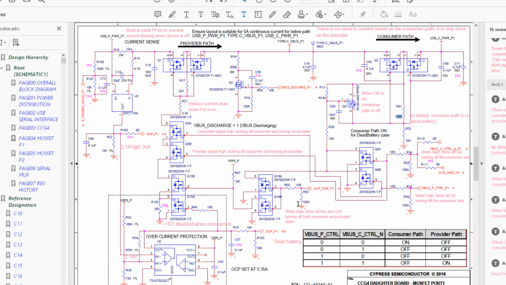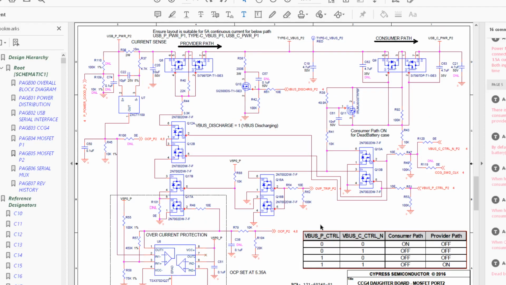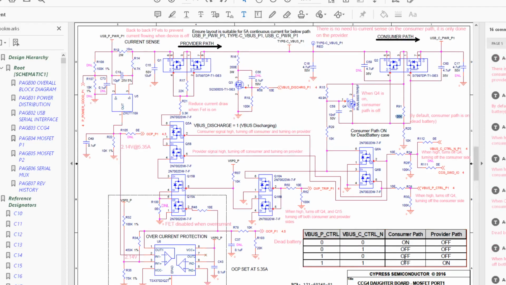There's a lot of logic here, and you've got VBus discharge, and this shorts out the ground to a resistor. There's a lot going on here. They've tried their best to prevent the consumer and provider path being on at the same time by adding an extra signal. And then they've also allowed for an off condition for both.